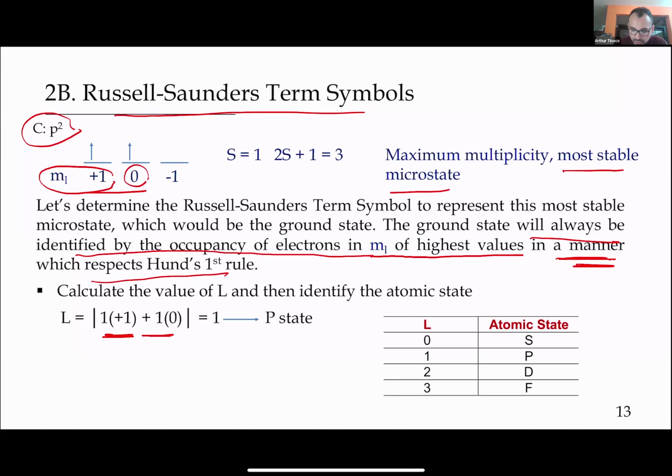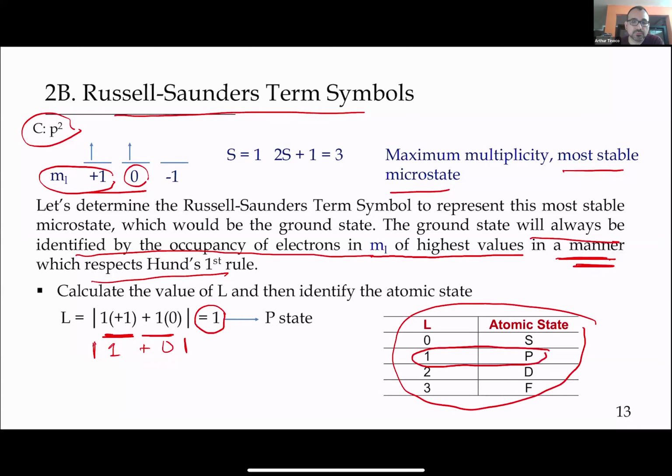Okay, because if you recall, your actual maximum L is the summation of these M sub L's, the absolute value. So this is going to be 1 plus 0. So the absolute value that gives us a sum that's going to be equal to 1. Okay, so your L value for this system is a value of 1. When we look at the table, 1 is an atomic state of P. So this is a P state. So that's part of how we define the term symbol.